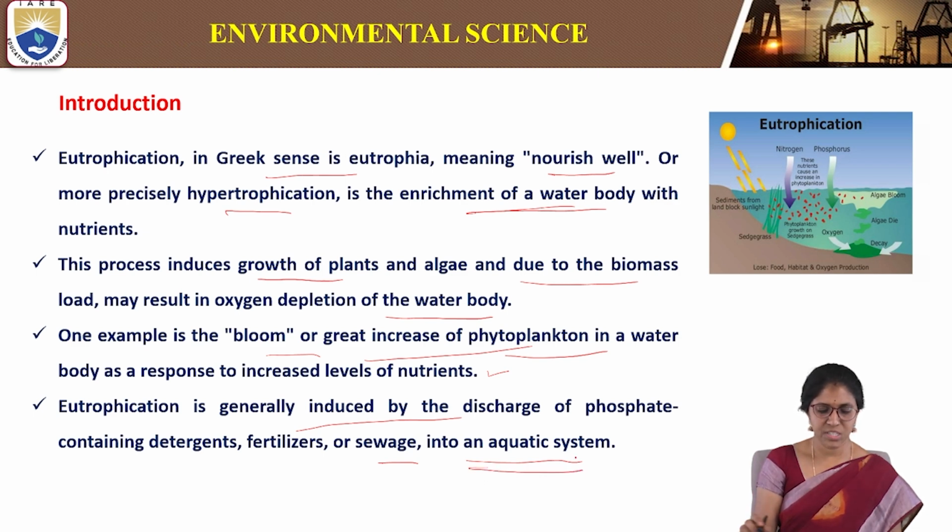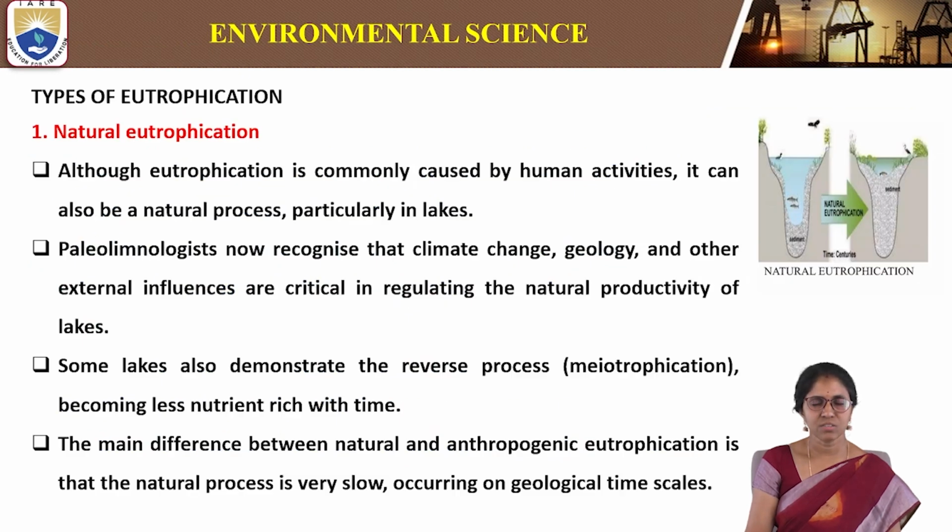When these are discharged into the aquatic system, this type of eutrophication occurs, because it leads to increased levels of nutrients. This may result in oxygen depletion of the water body and a great increase of phytoplankton. So this is our introduction to the eutrophication process.